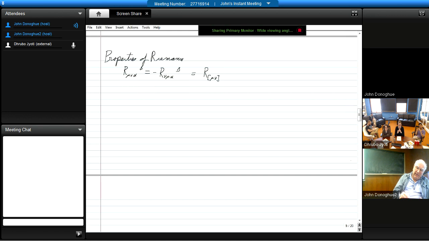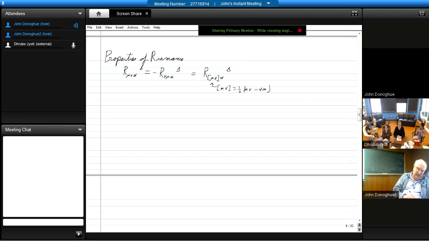Notation-wise, let's do some notation. This is R mu nu in square brackets alpha beta. When I put it in square brackets, it means 1/2 of mu nu minus nu mu.